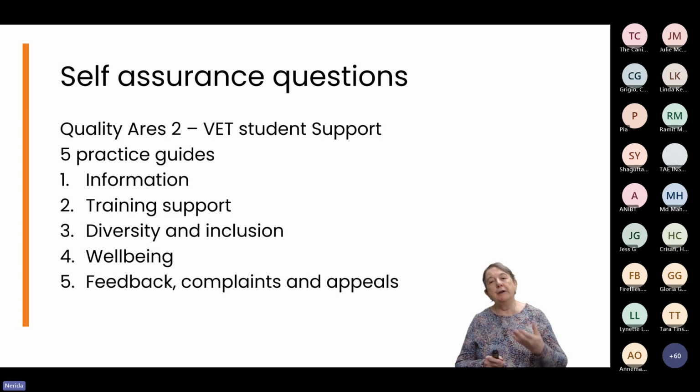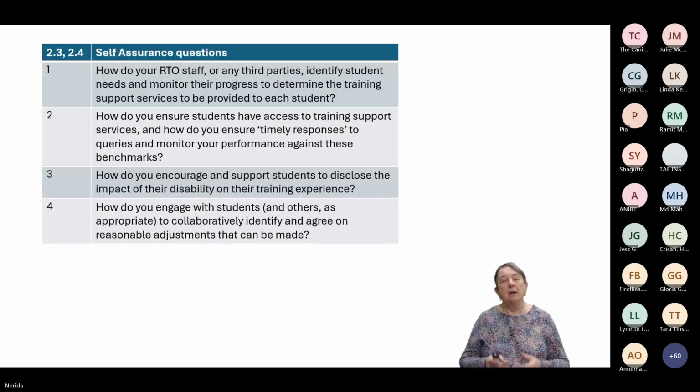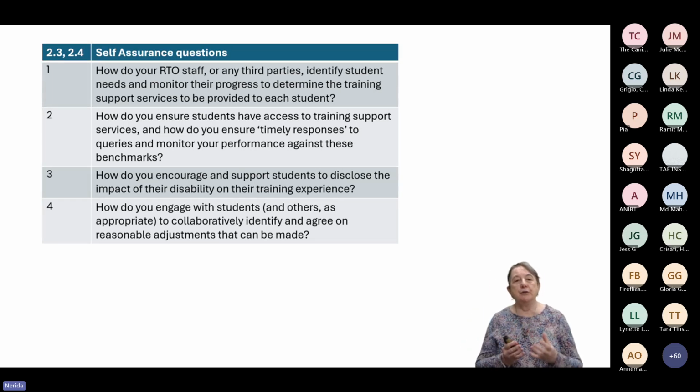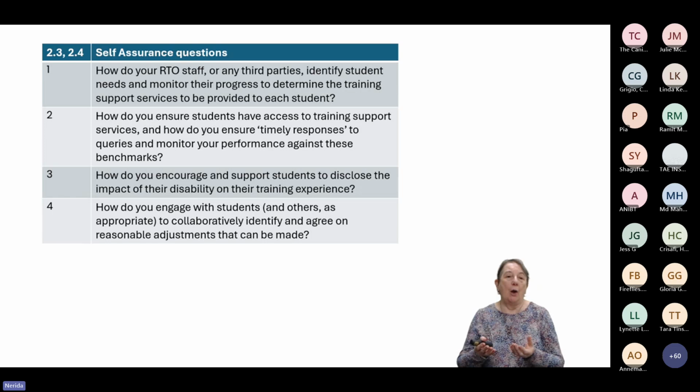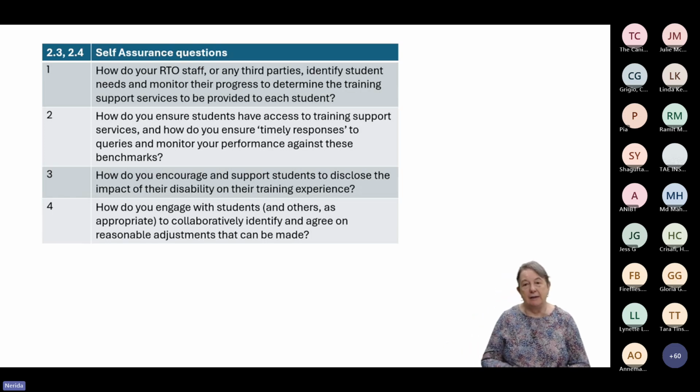And so, moving forward beyond compliance to create genuine, high-quality training environments where every learner gets a chance to thrive. So what I'm going to do is I've got the self-assurance questions here on the slide. And what I'm going to do is talk a little bit about ways that if we were asked in audit, we could show that we are meeting the requirements of these outcome standards.